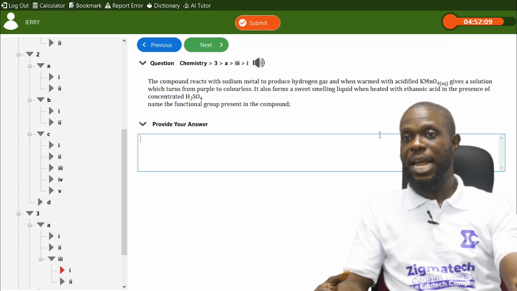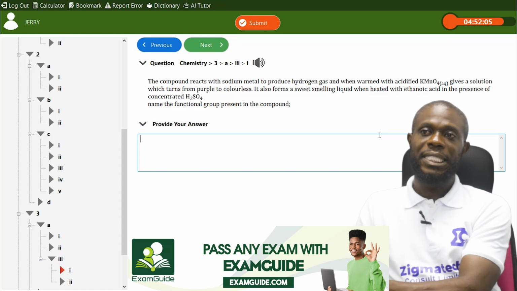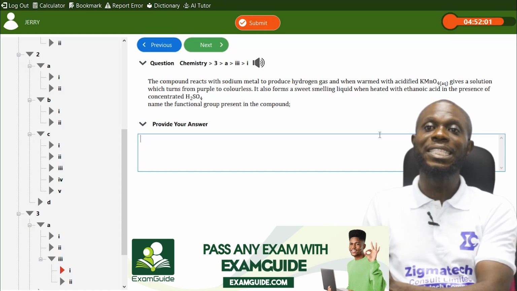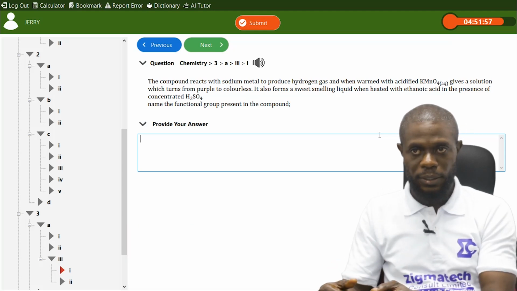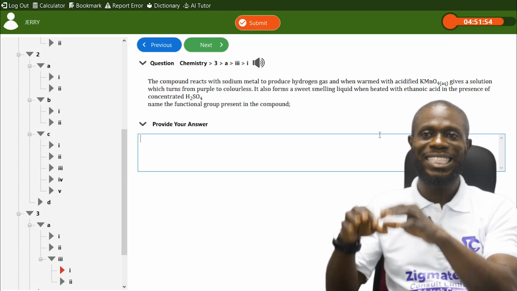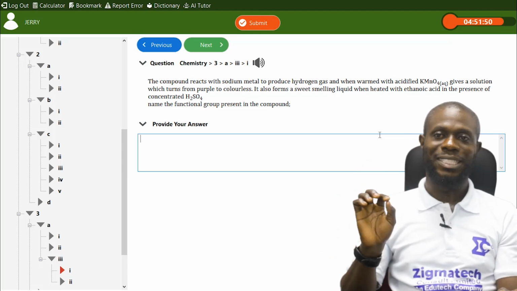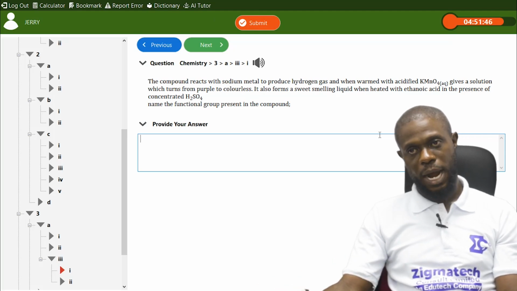The first time it acted as an acid. All right? So now when heated with an acid, it's now acting as what? A base. So since the ethanoic acid is a weak acid, therefore, that water will become a strong base. So the functional group present in that compound is hydroxyl.